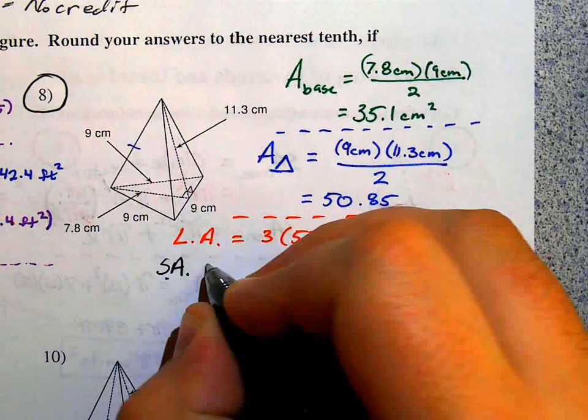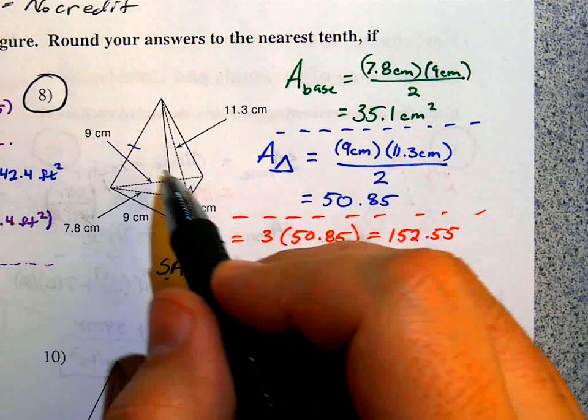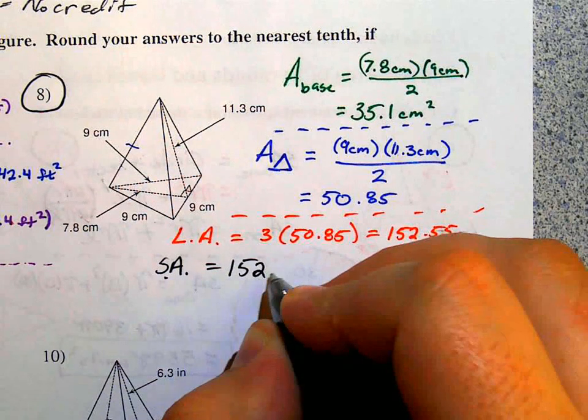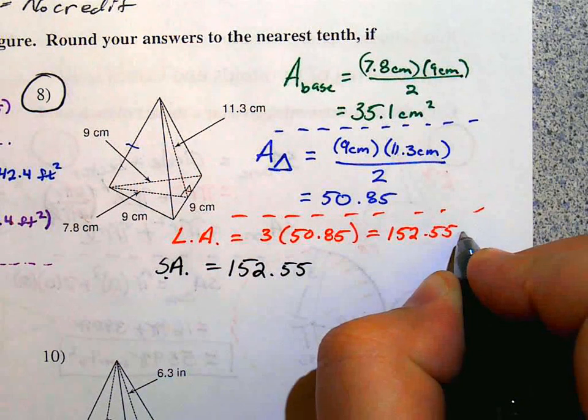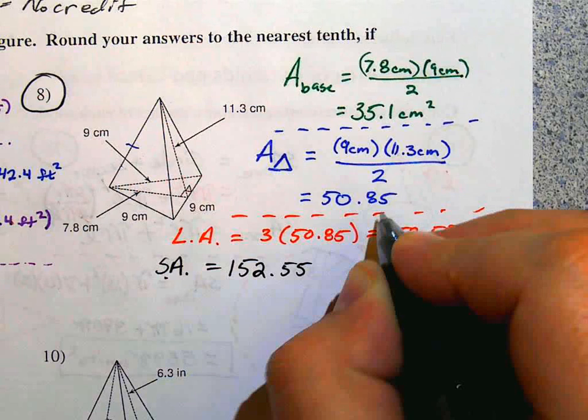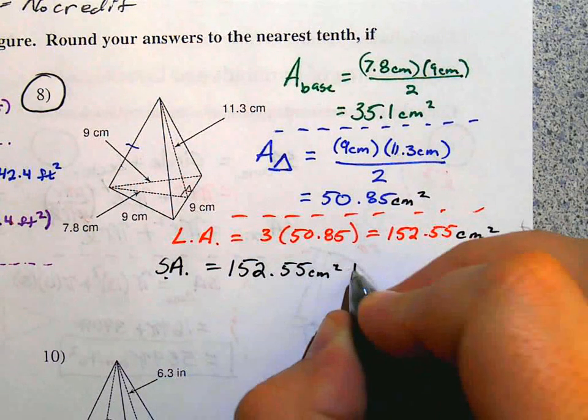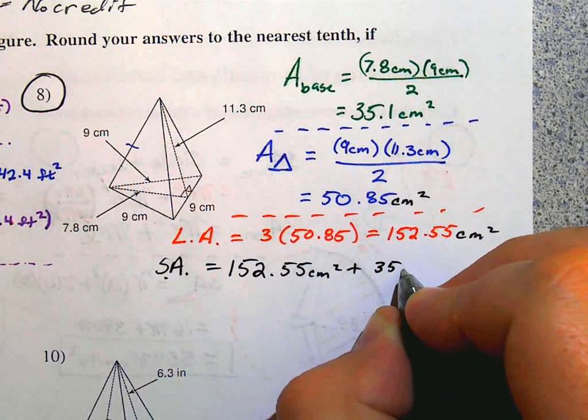Okay, and that's the lateral area, but now we want to go back and find the total surface area. And the surface area will be these 3 lateral ones plus the base, the original 35.1. So it's going to be 152.55, and I'm sorry, I just left off centimeters squared twice now.